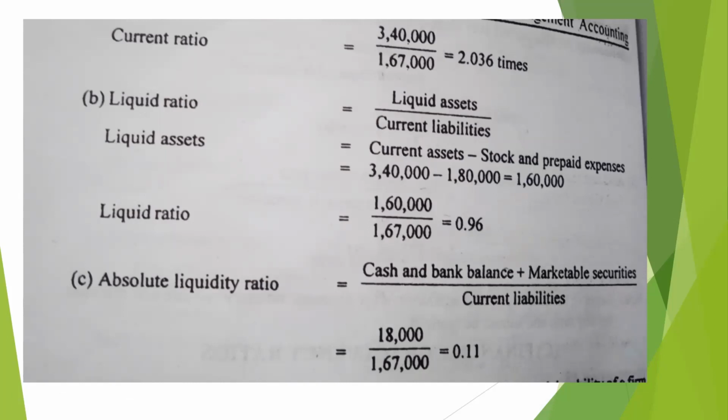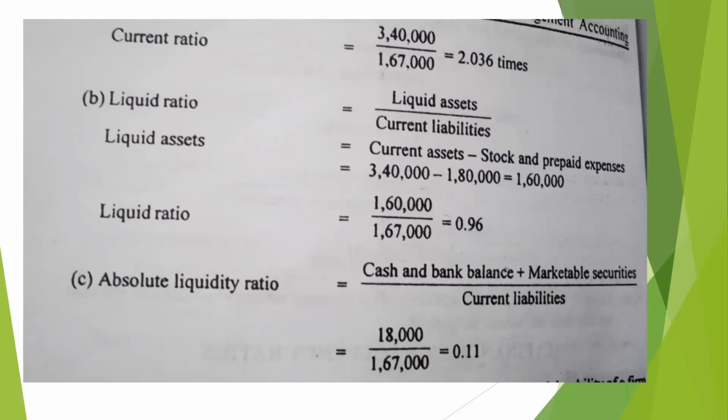So next we will apply the formula. Liquid ratio is equal to liquid assets, that is 1,60,000 divided by current liabilities. The same amount used in the current ratio, that is 1,67,000. So the liquid ratio is 0.96. Next, third one is we want to calculate the absolute liquidity ratio.